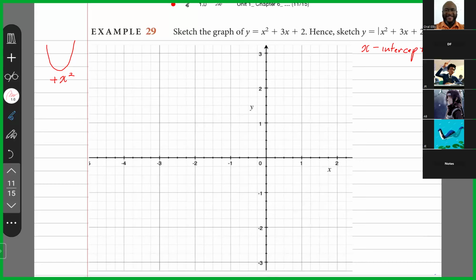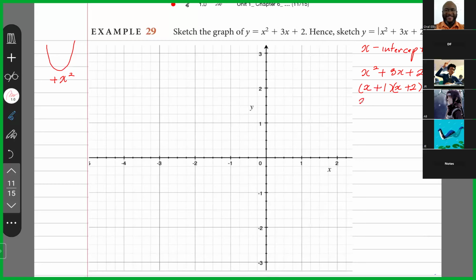Now, the x-intercepts are what we call the roots of the quadratic function, and the x-intercepts are the values of x when y is equal to 0. So when x squared plus 3x plus 2 is equal to 0, if I factorize, I'm going to get x here, 2 here, 1 here, everything being plus.